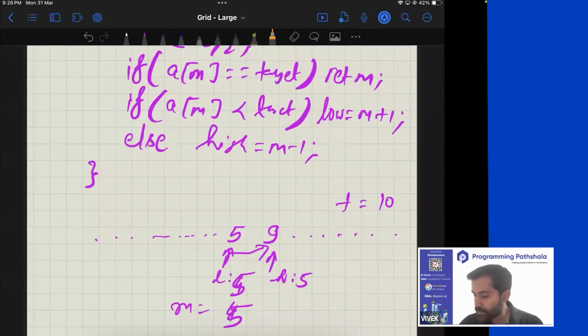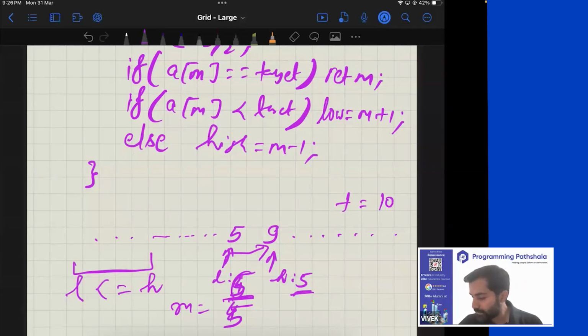Whenever it happens that the value of low has become greater than high, we need to break the loop. Why? Because this situation denotes that now we are out of search space. The search space is exhausted. Because in a valid subarray, the value of starting index will always be smaller than or equal to the ending index.